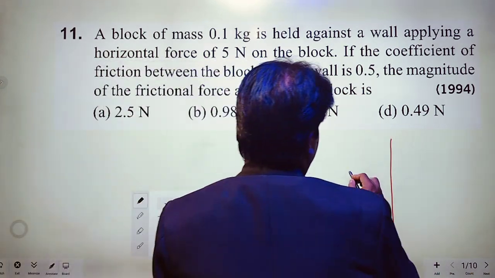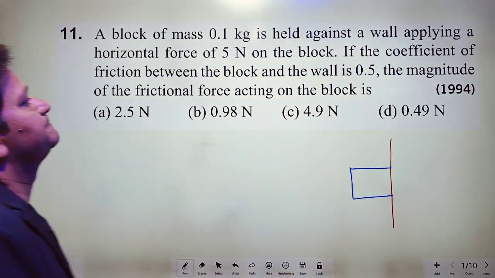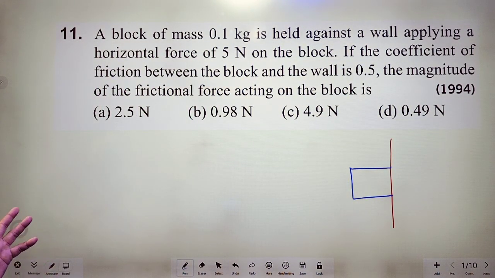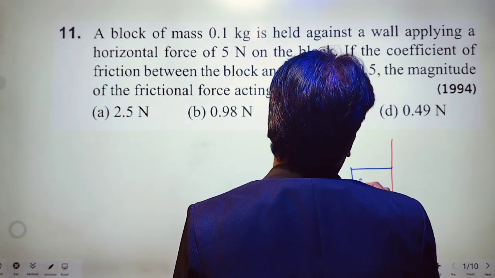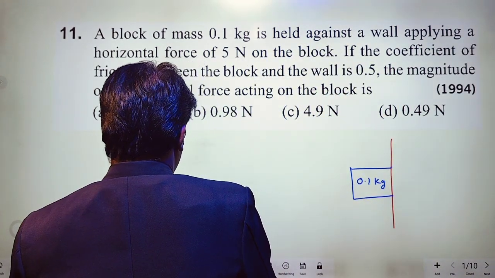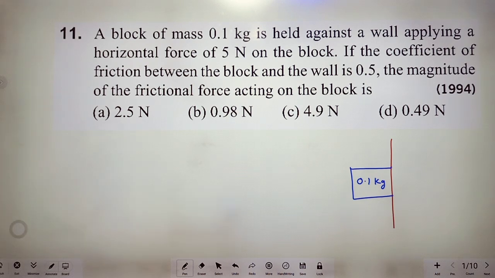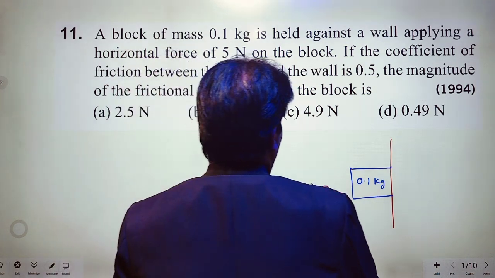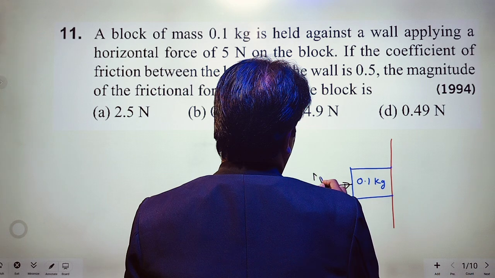A block is pushed against the wall, and the mass of this block is 0.1 kg. A horizontal force of 5 Newton.